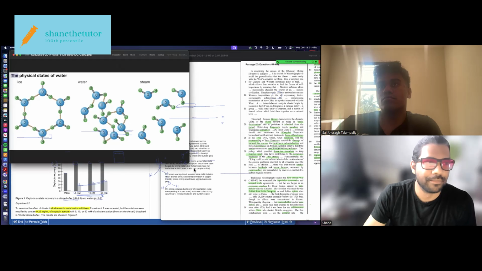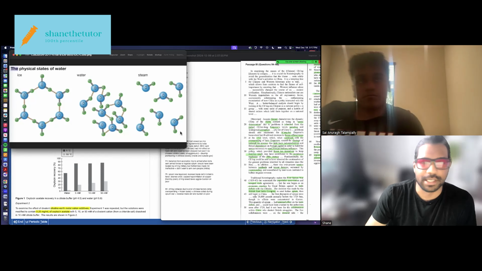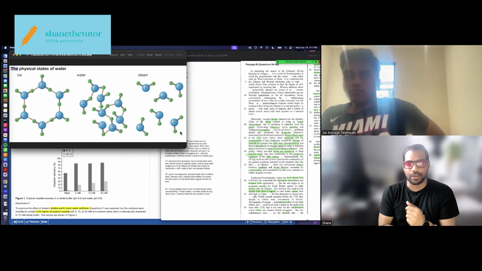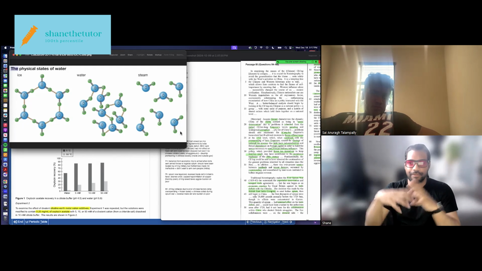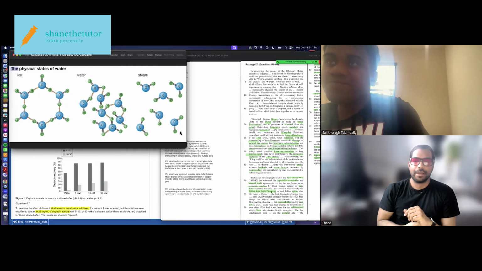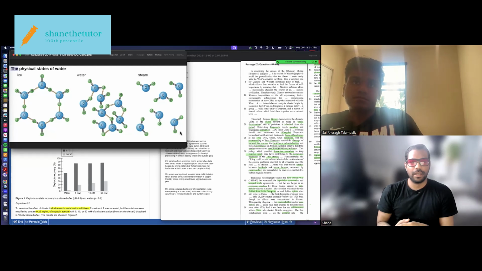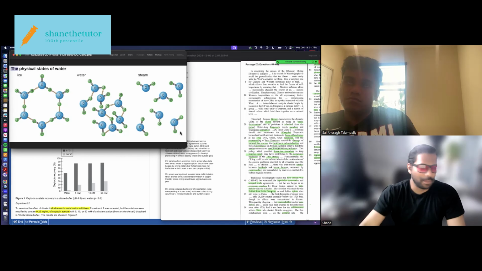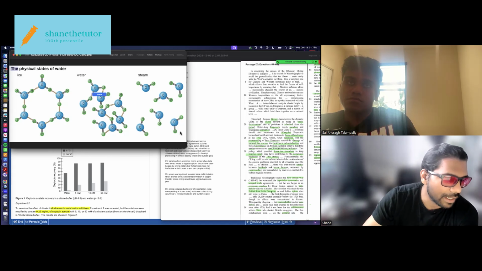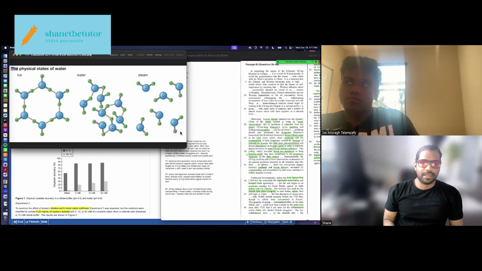Steam obviously involves breaking those intermolecular bonds, so you just have the molecules further away from each other, right? For the liquid water in the middle, you see that molecules start to get closer together, and you see hydrogen bonding here. That's your liquid phase.